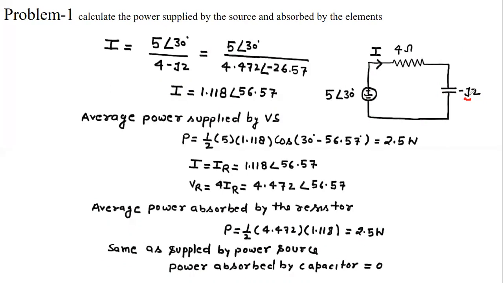So the total reactance is minus j2, and this 2 is equivalent to 1 upon omega C.